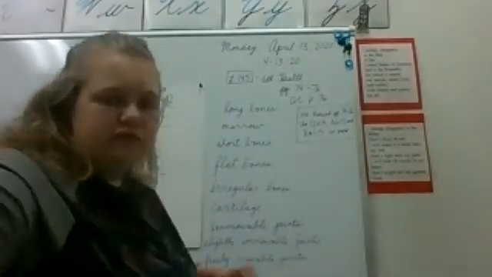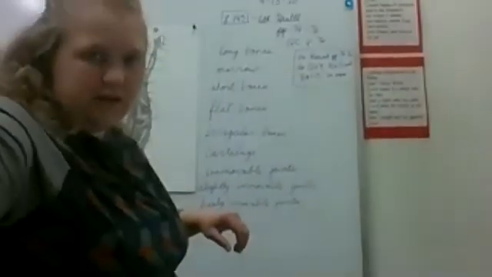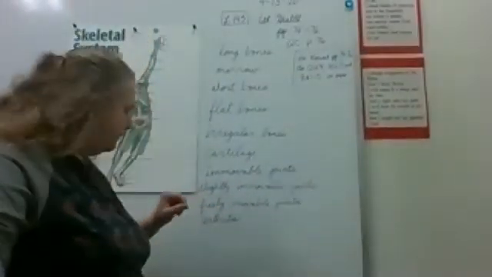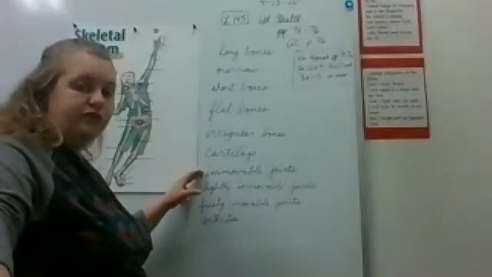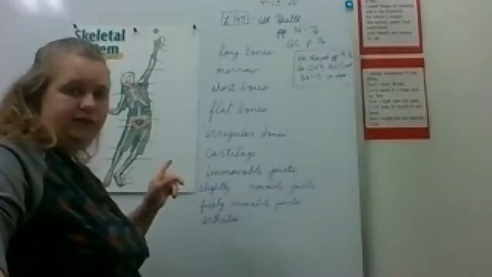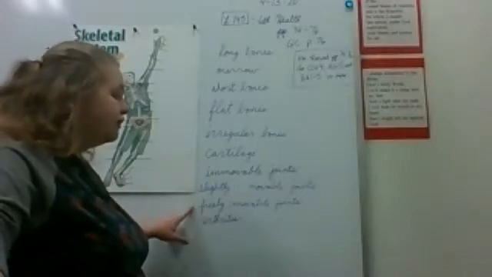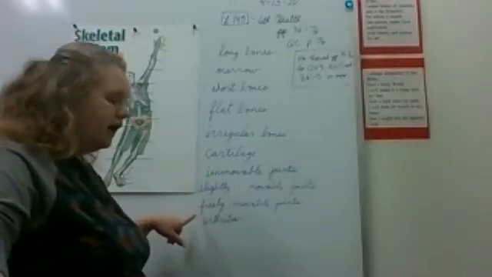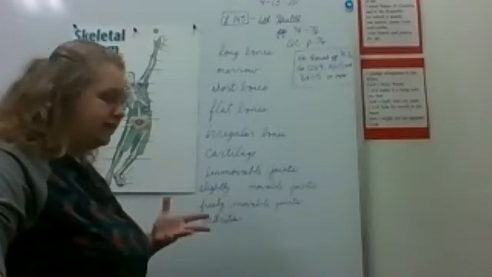We've got immovable joints, okay? Slightly movable joints. I put that wrong, I'm sorry. Slightly movable joints. Let me erase that. And freely movable joints. And then there's some arthritis that has to do with joints.